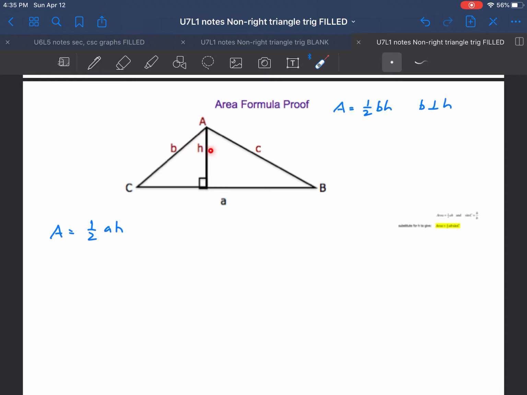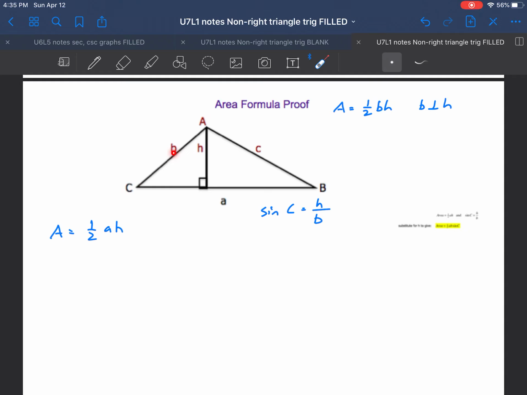But sometimes we won't have this perpendicular height, so we can use right triangle trig to get that. If I look at what I have here, I've got this angle, and this. One trig ratio I could write is that the sine of C is equal to h over b, right? The sine of this angle is opposite over the hypotenuse.